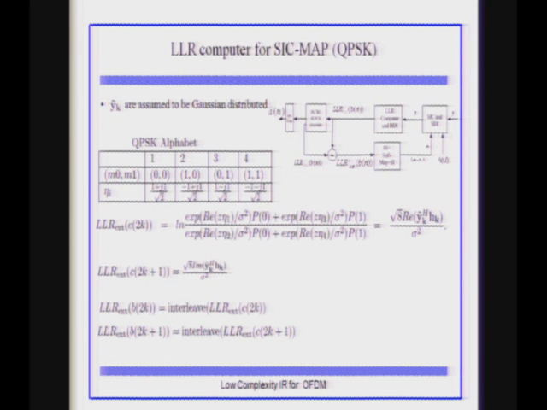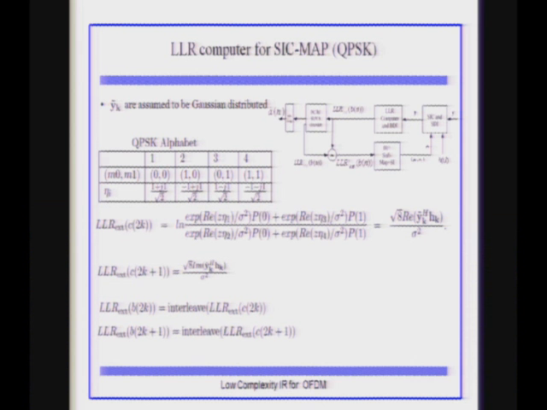You get the received observation vector, take care of the interference in a certain manner, and whatever is coming out, you compute the LLRs with a very simple formula. This is the case of QPSK, and similar things can be worked out for higher constellations as well. But the main point is this is a very simple expression, and with that you compute the LLRs and interleave them to get the LLRs required for the BCJR.